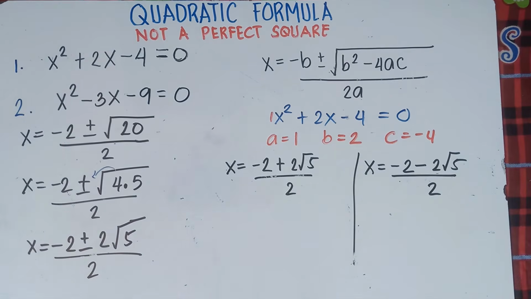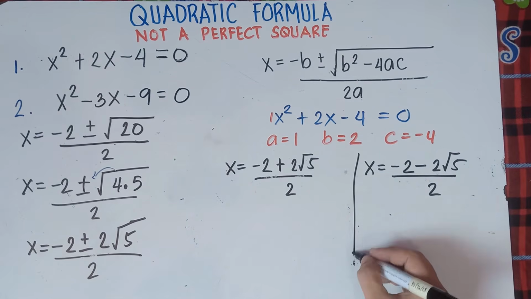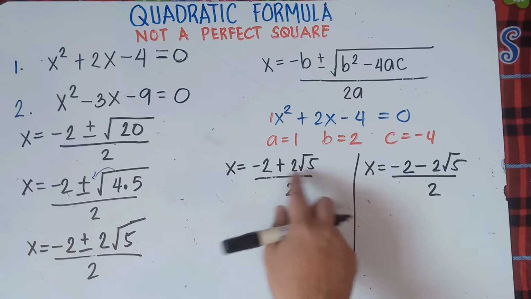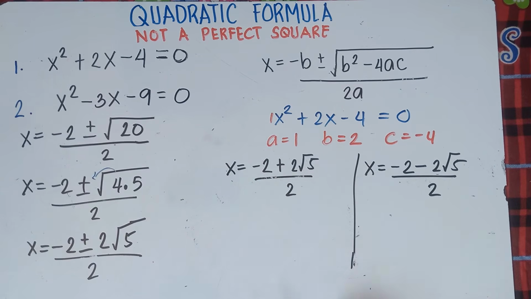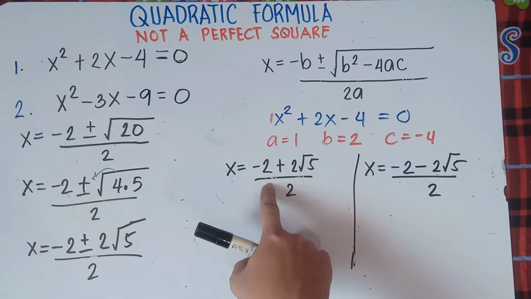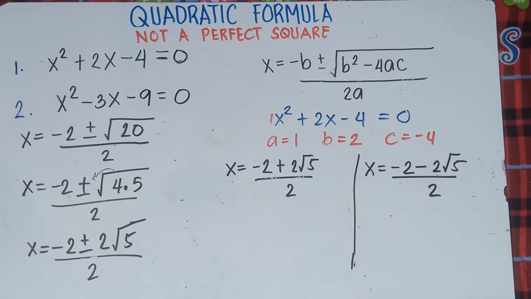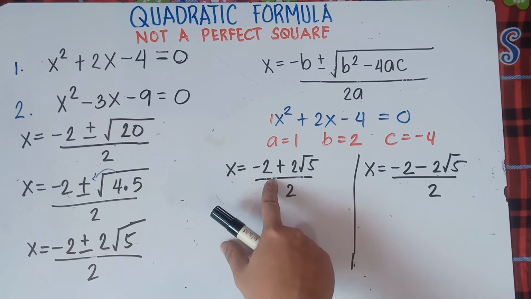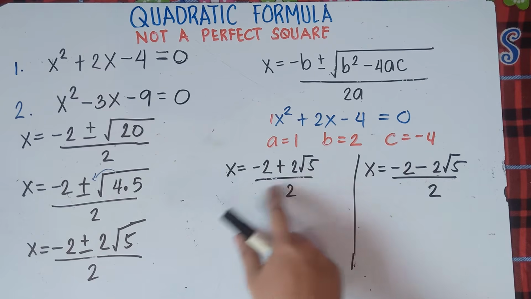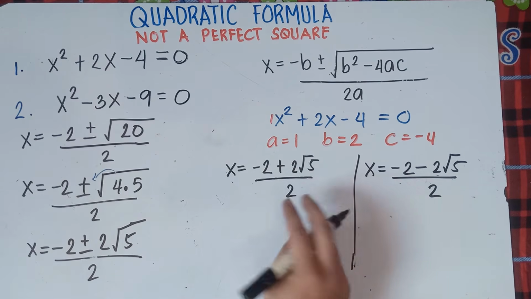Alright, so now check this one, class. Can we combine negative 2 plus 2 square root of 5? Nope, we cannot combine because this negative 2 doesn't contain the square root. Once again, we can only combine radicals if they have the same radicands. Since negative 2 doesn't contain a square root, we cannot combine. So therefore, class, we can do it individually.